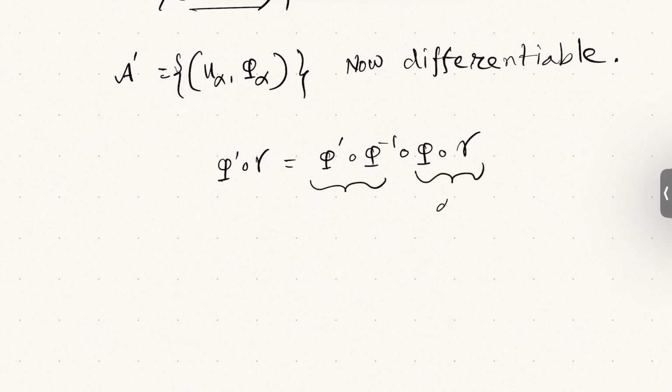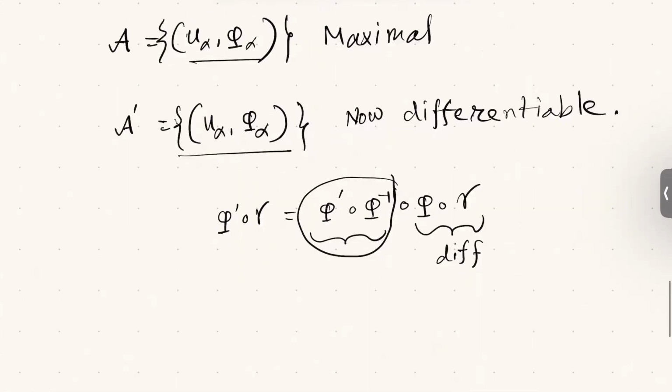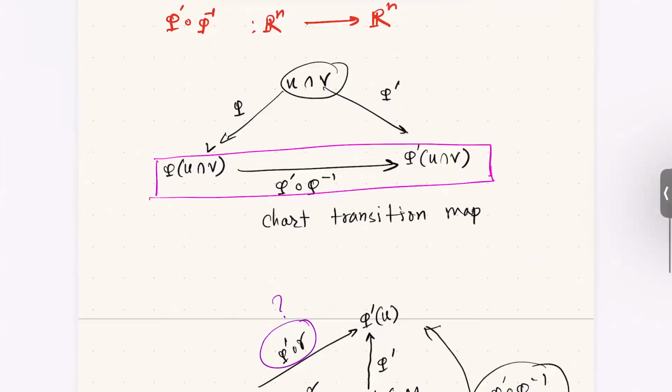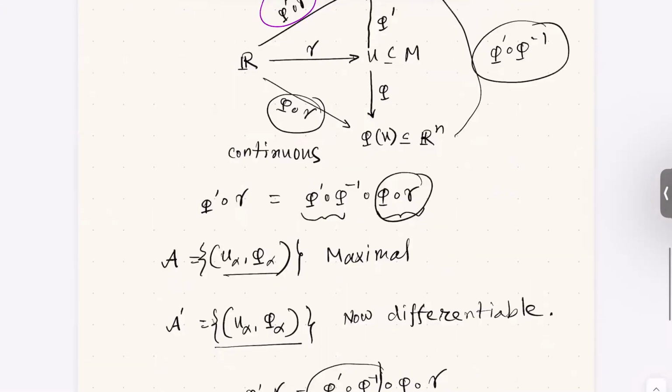So we know this is differentiable. And since we only choose the differentiable coordinate functions phi alpha, this one is now also differentiable, right? And now you are taking the composition of two differentiable maps. And the composition of two differentiable maps is differentiable.